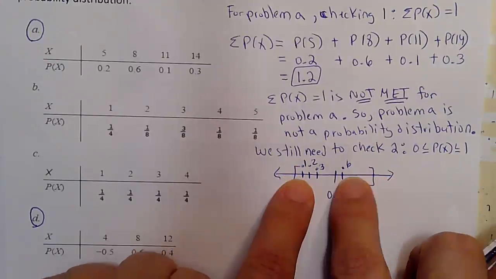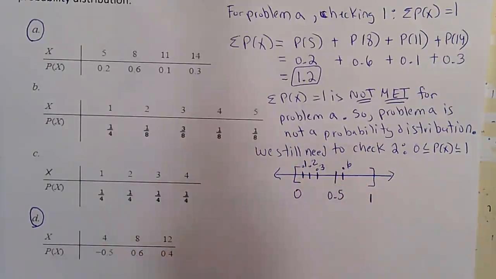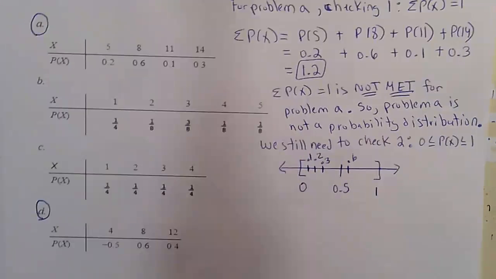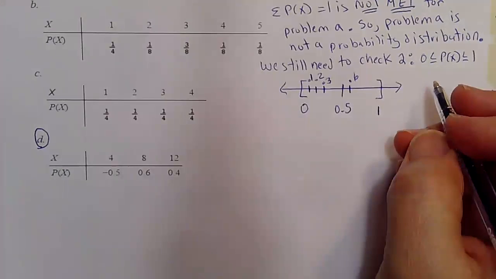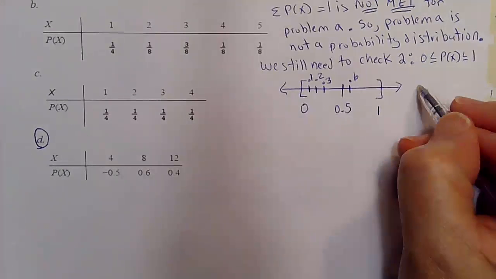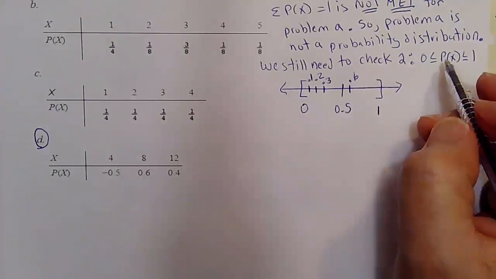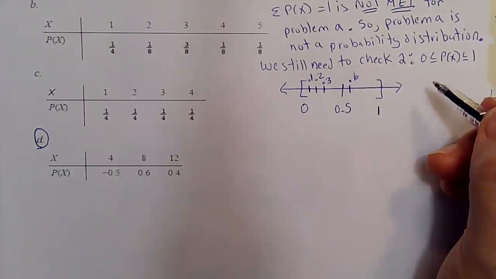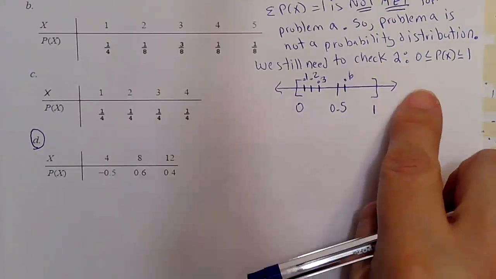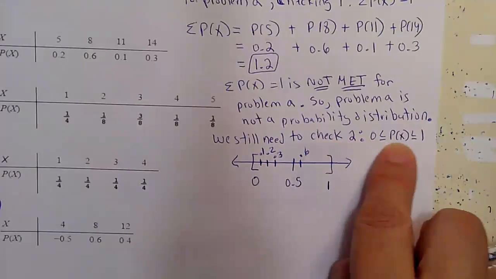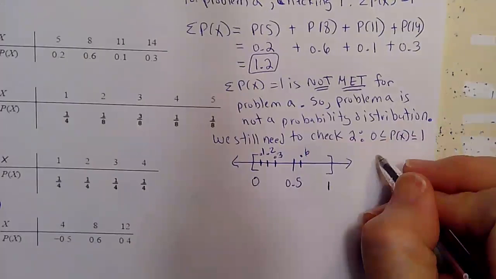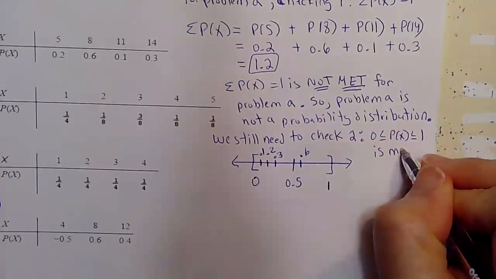These are all between 0 and 1, so that would be fine. So we need to check this one, and this one is met.